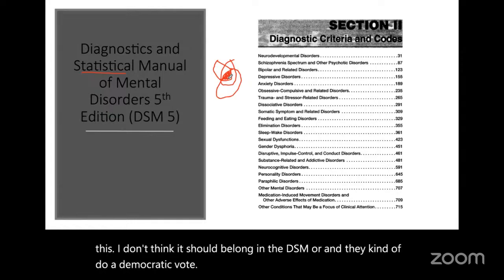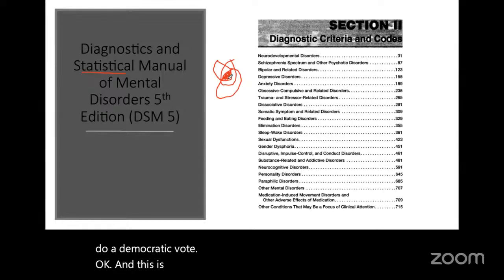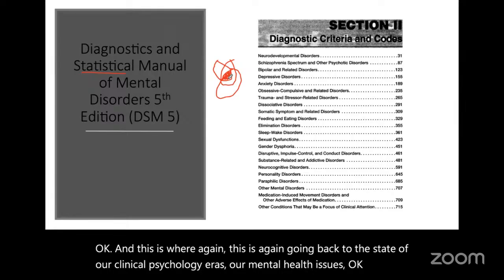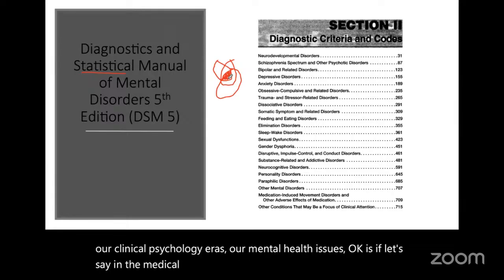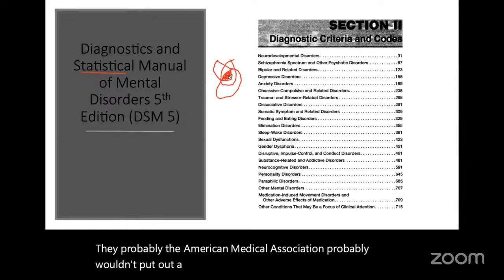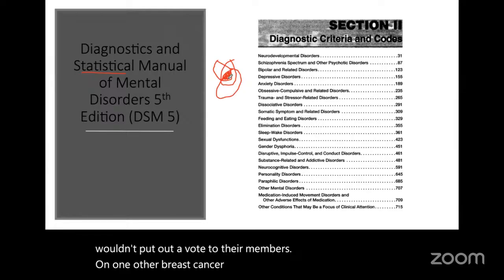Okay. And this is again going back to the state of our clinical psychology, our mental health issues. Let's say in the medical field you get people who have, let's say, breast cancer. The American Medical Association probably wouldn't put out a vote to their members on whether breast cancer exists or not.